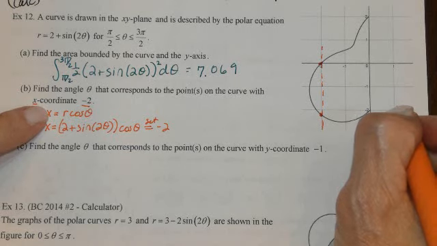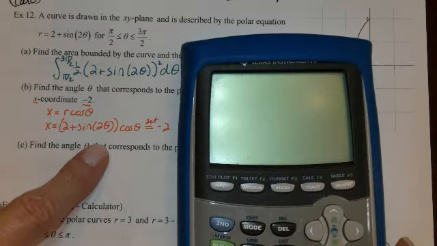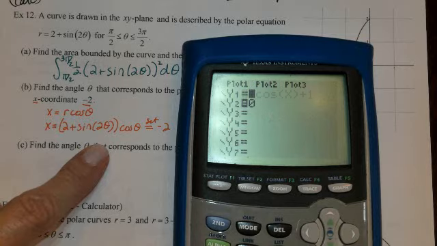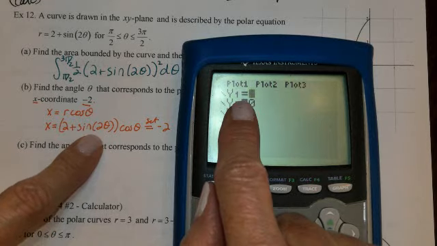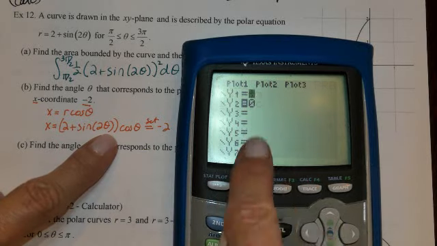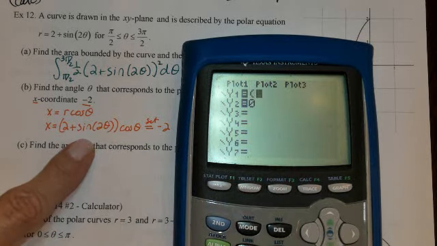Okay? So now, calculator time. I'm going to go into my equation mode, and I'm going to put this in, where my x is going to be the theta here. Okay, so carefully type it in.